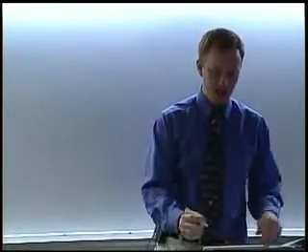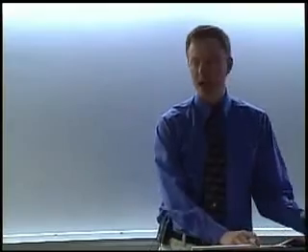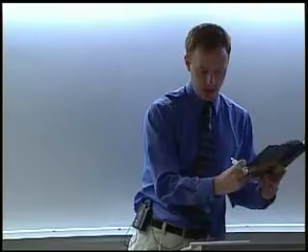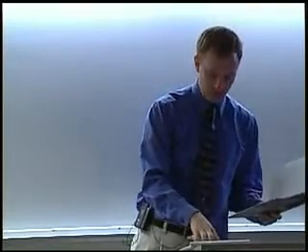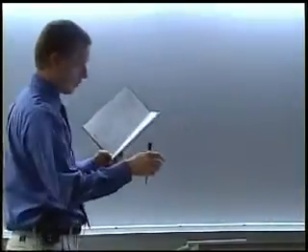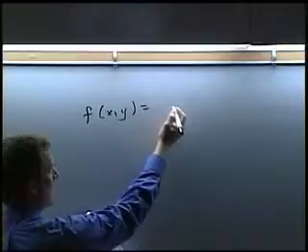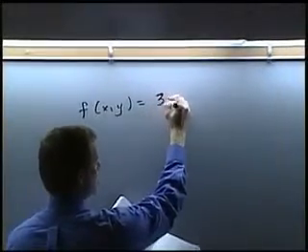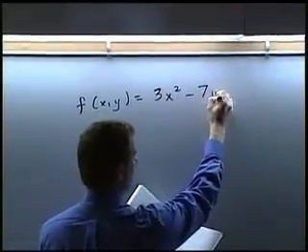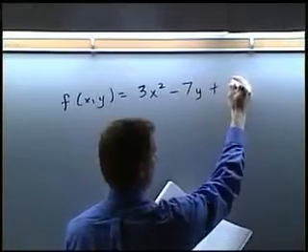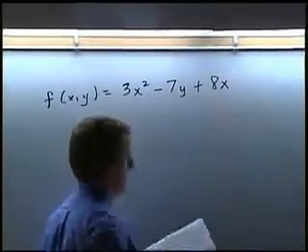All right. But before we can do applications like that, we need to get comfortable taking derivatives of 3-dimensional equations. Okay? And so let's start with an example like this one right here. Let's see. f of x,y equals 3x squared minus 7y plus 8x.